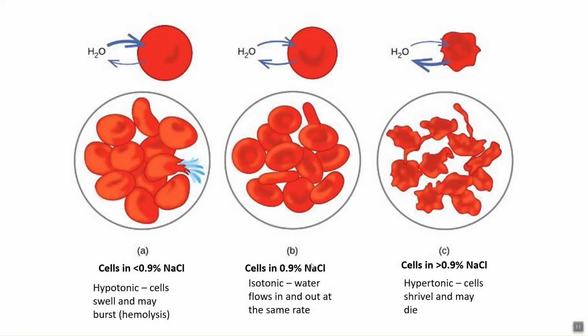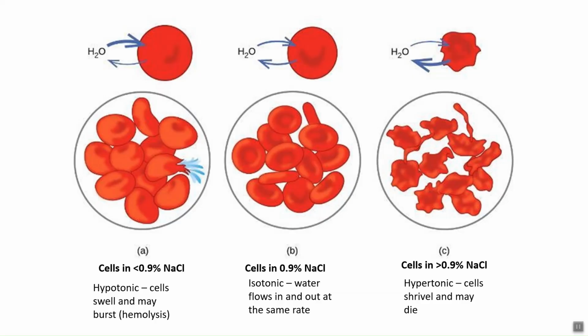Now, if we think about this in terms of cells, we can think of the cell wall as being the semi-permeable membrane. So the cell wall is a semi-permeable membrane, and it turns out that the osmotic pressure of our blood is equivalent to 0.9% NaCl. Now you don't have to use NaCl as the solute. You can use other things like glucose, for example.